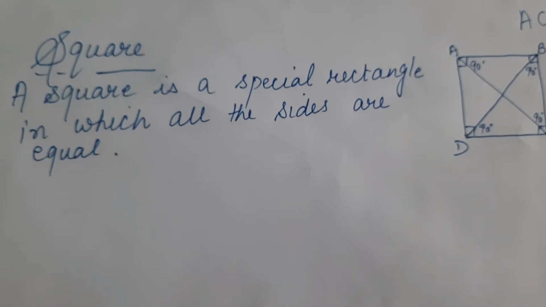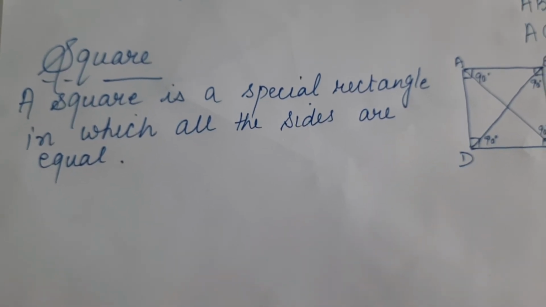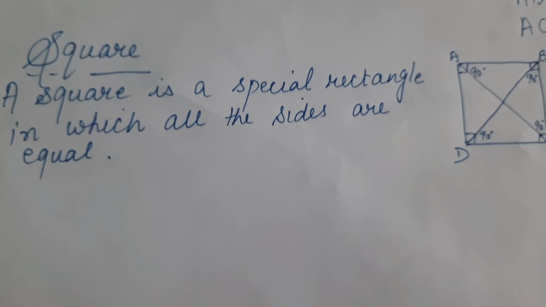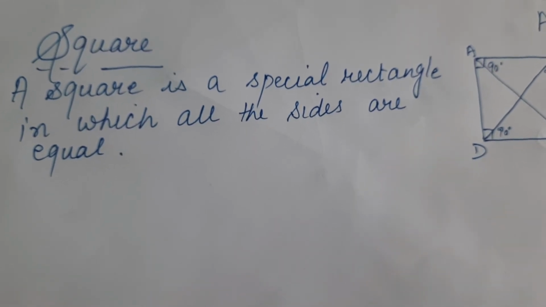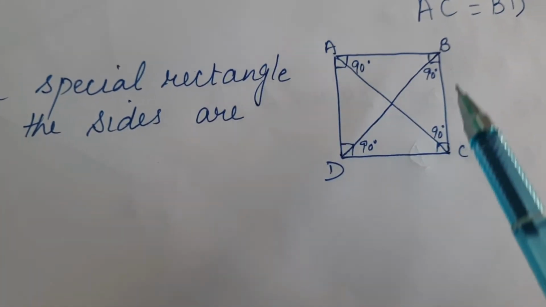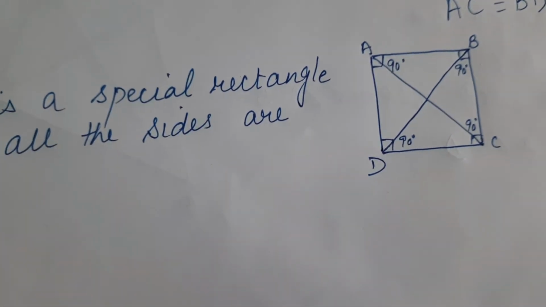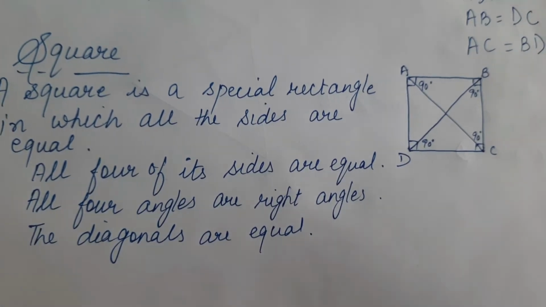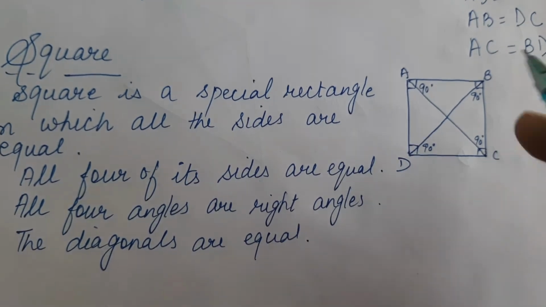Next comes square. A square is a special rectangle in which all the sides are equal. In a rectangle the opposite sides are equal, but in a square all the sides are equal. So in a square all the 4 sides are equal.